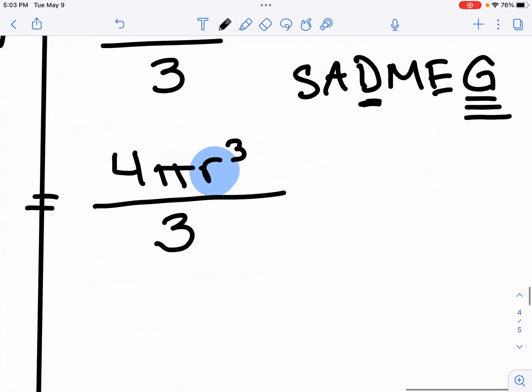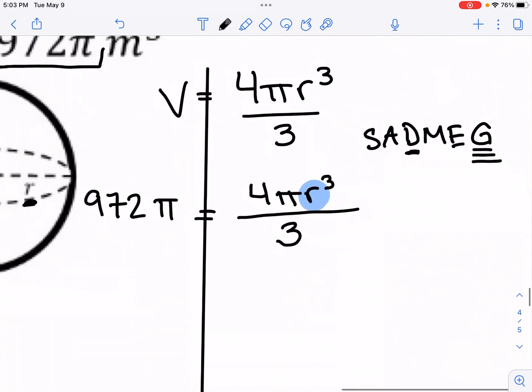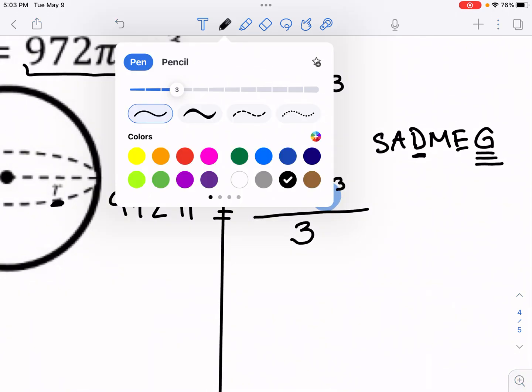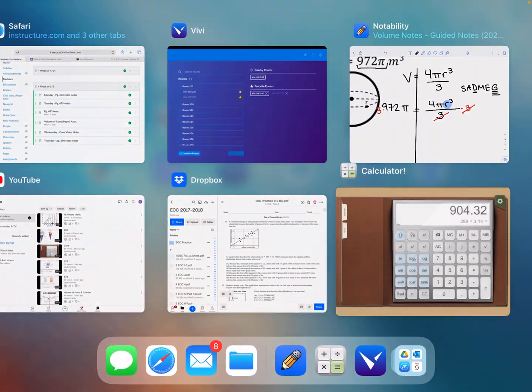This is just to say I have to get rid of this 3 that is dividing here. So to undo that, let's multiply both sides by 3. All right, goes away, goes away. 3 times 972.